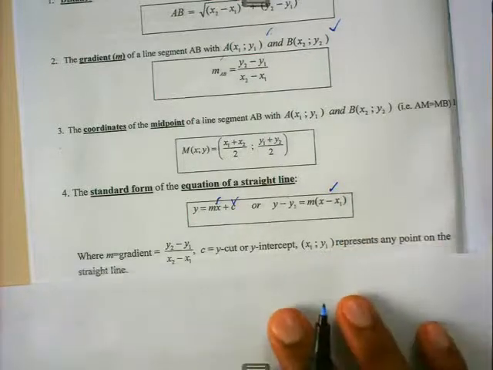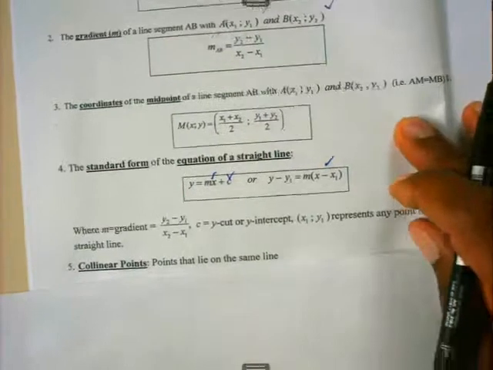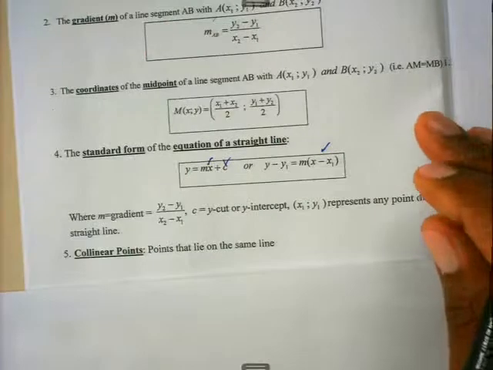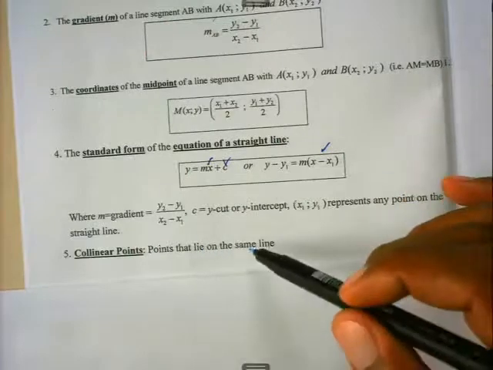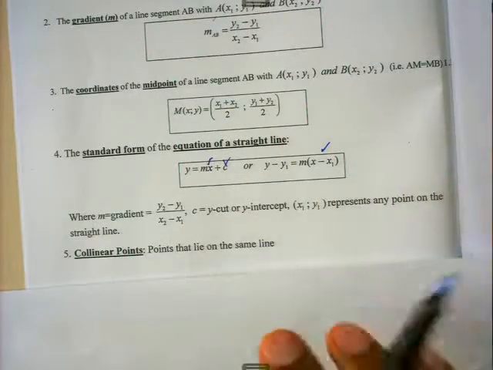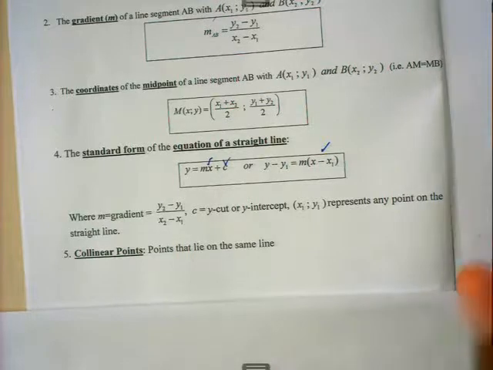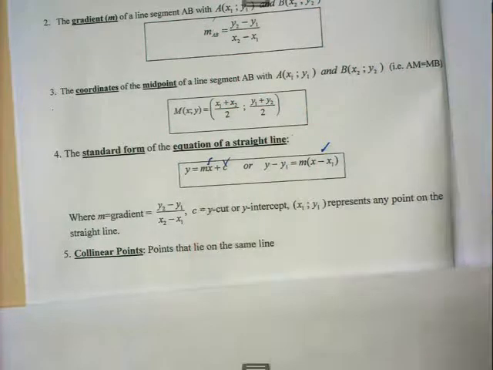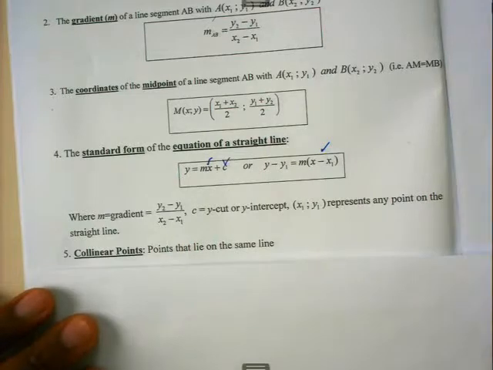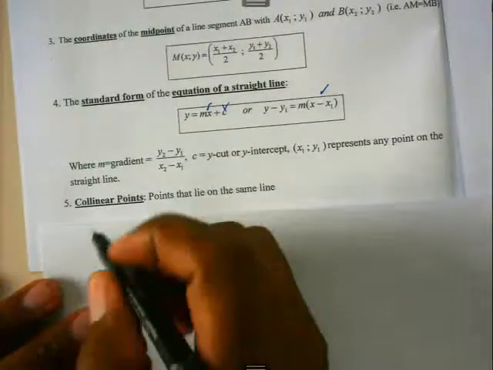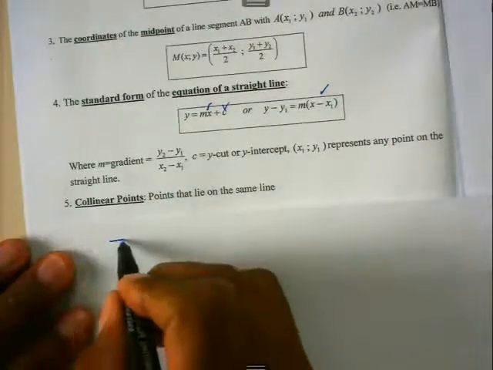Right. Now, we also have what? The collinear points. Remember now, these are the points that lie on the same line, right? What do you know about the collinear points? Of course, they have the same gradient. Remember now, I'm referring to this line here.